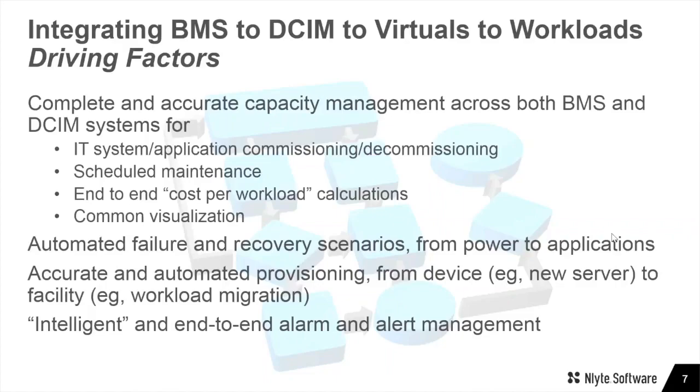If we then look at the rise of edge, this becomes even harder to manage because we don't have the ability to be on site to really understand what's happening and understand what the fault is. So we need to have this intelligent, autonomous, integrated alarm and alert management. Because of the complexity of our computing fabric, this is becoming ever more important. I think we all have a realization of that.